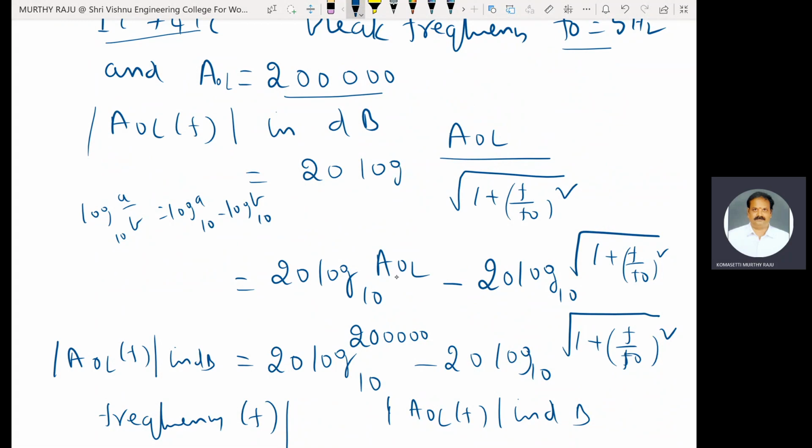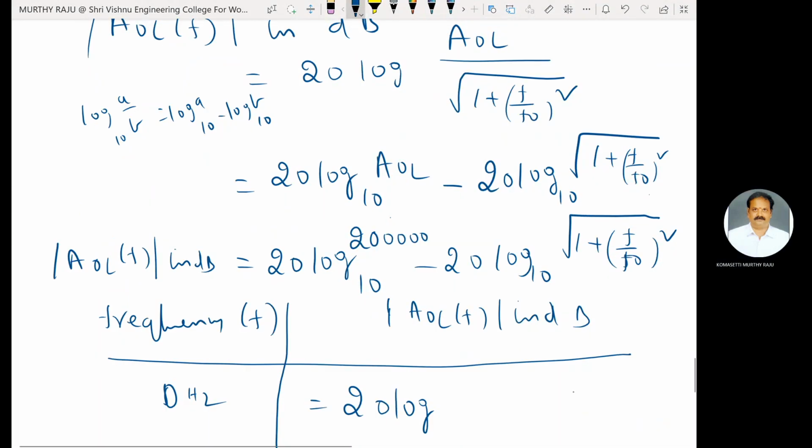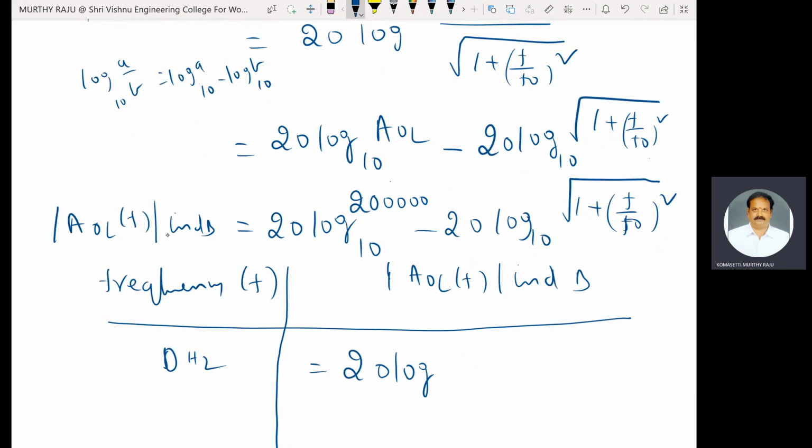So the AOL of f magnitude function in dB is equal to 20 log 2 lakh base 10 minus 20 log square root of 1 plus f by f naught whole square base 10. Find out the values at different frequencies.